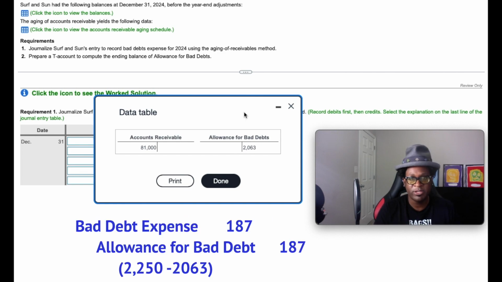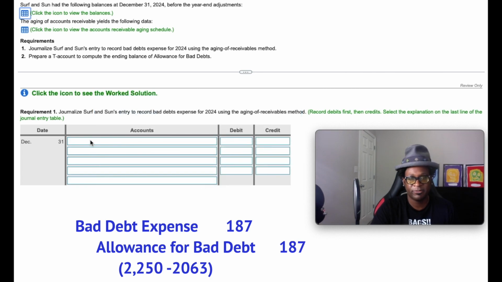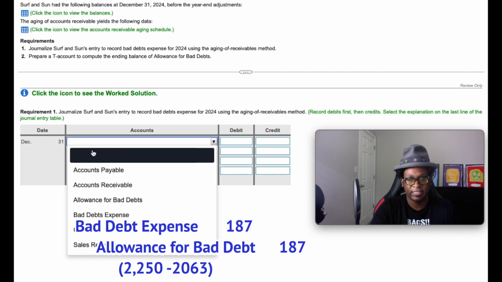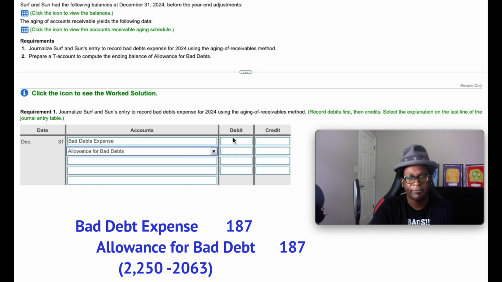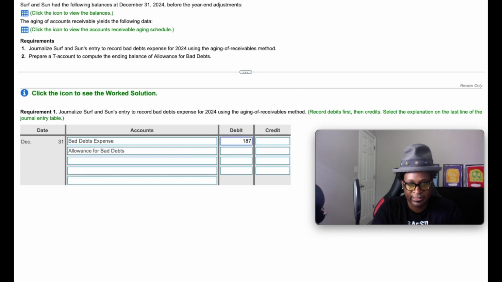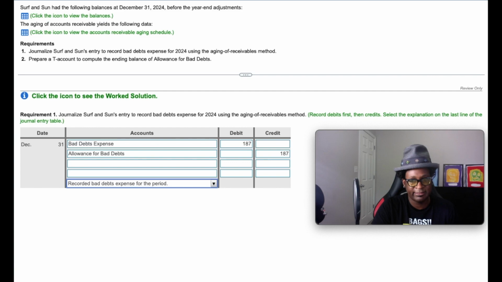If we subtract $2,250 minus $2,063, that gives us $187. Therefore, this proper estimate requires us to debit bad debt expense and credit allowance for bad debt for $187, gang. We're going to check the answer.